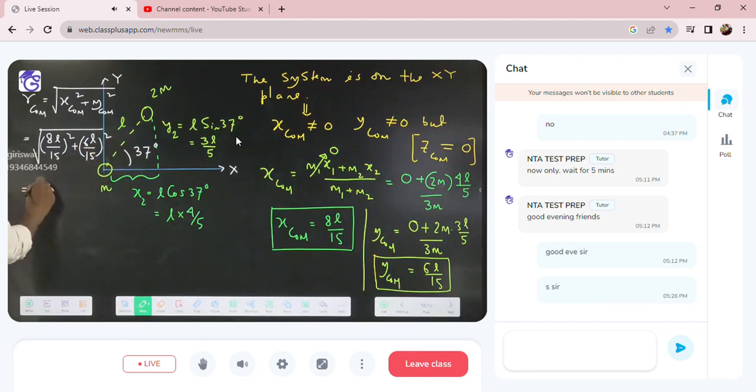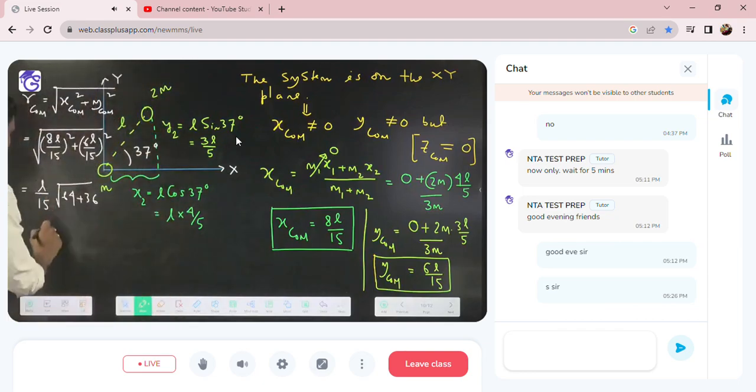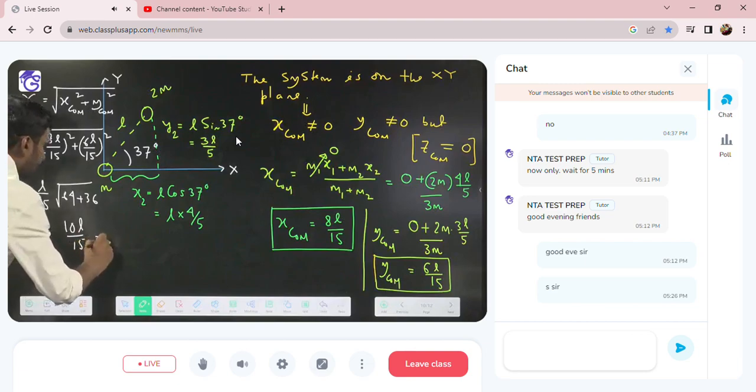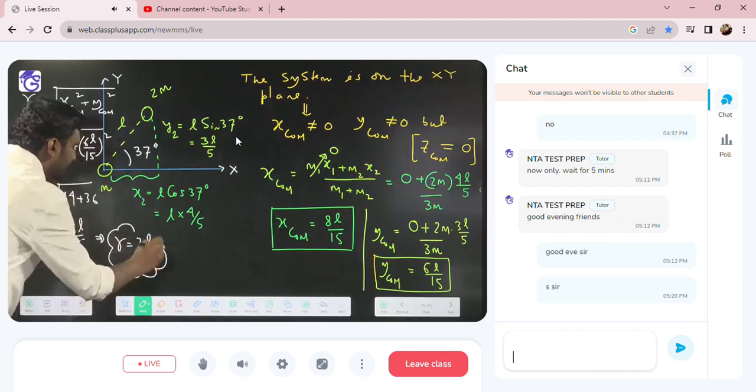If you take L by 15 common outside the root, inside 64 plus 36 makes 100. Root under 100 means 10. So it is coming 10L by 15. So ultimately R is coming to be 2L by 3.